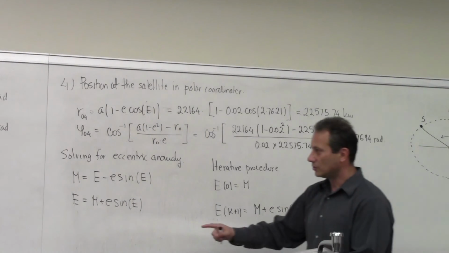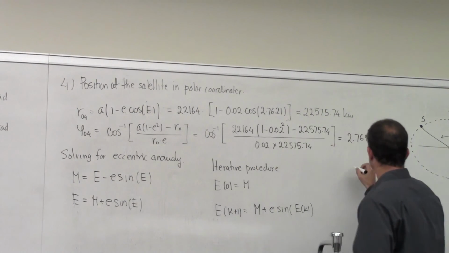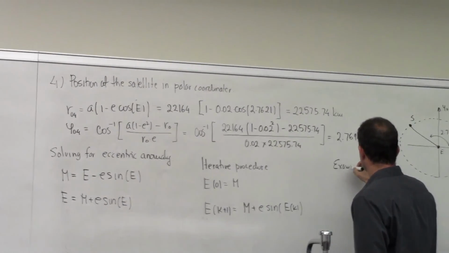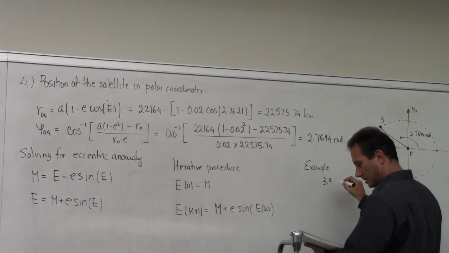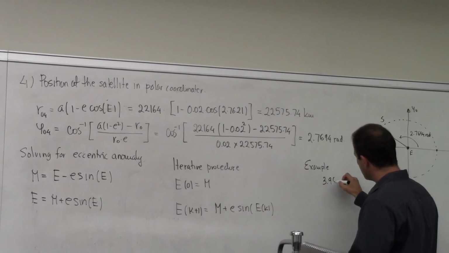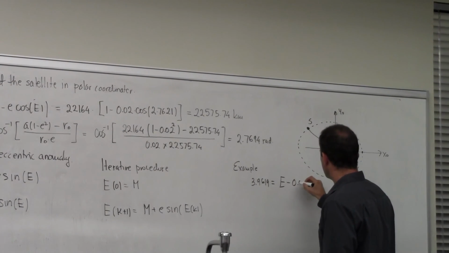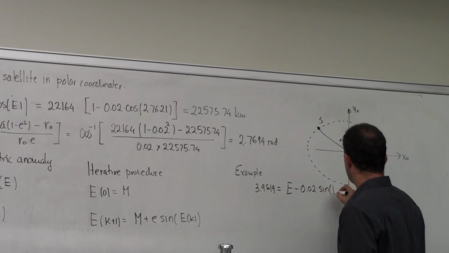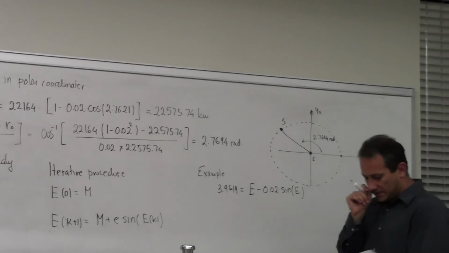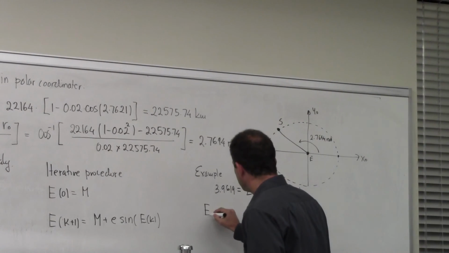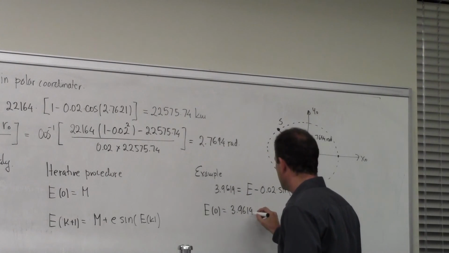Let's look at what happens in this case. Example: I start with the equation 3.9619 is equal to E minus 0.02 times sine of E. So I need to solve this equation. I start by saying E of 0 is equal to 3.9619.